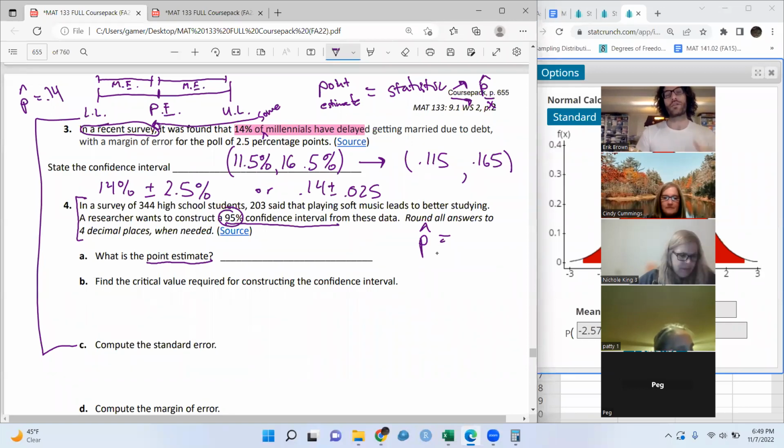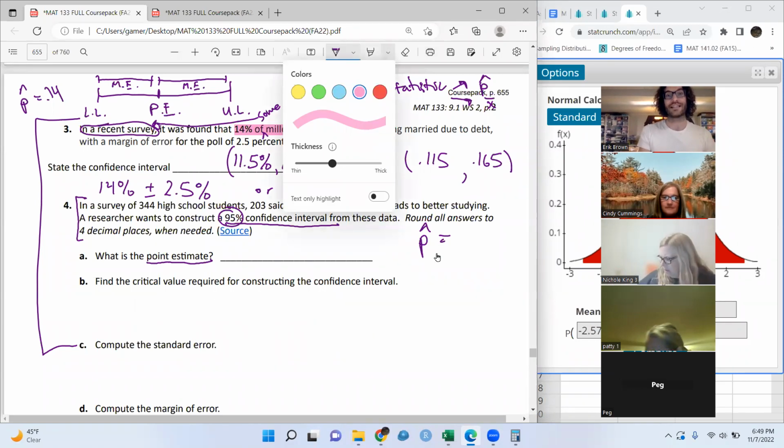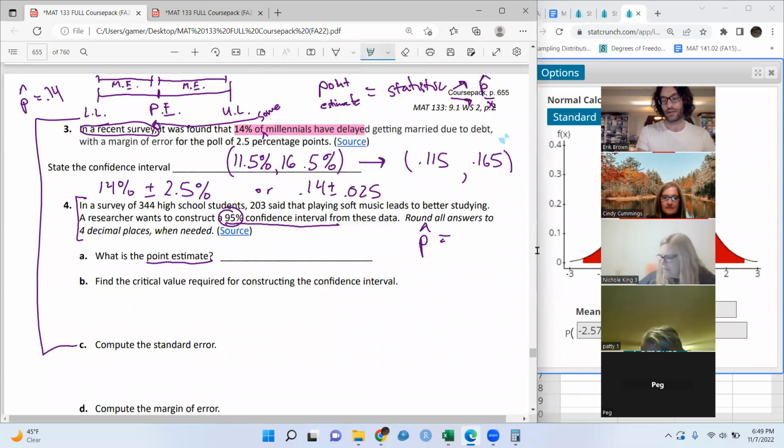So what's the other clue in the problem that clearly states this is a proportion? Is it because it's a survey? You know what? That's a really good answer that I've never thought about before. 100%, yes, because a survey is going to ask you probably yes or no type questions.